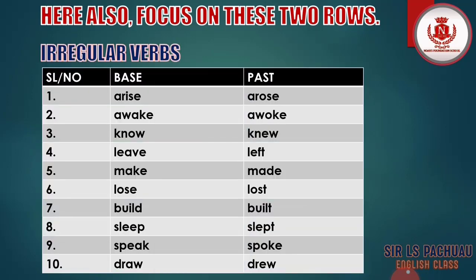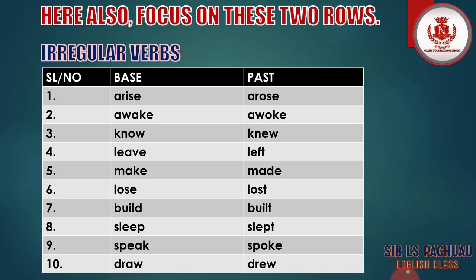Arise, arose; awake, awoke; know, knew; leave, left; make, made; lose, lost. When we turn the base form into the past, it will be lost, not L-O-S-E-D. It will be L-O-S-T. Alright, so those kinds of verbs are called irregular verbs.